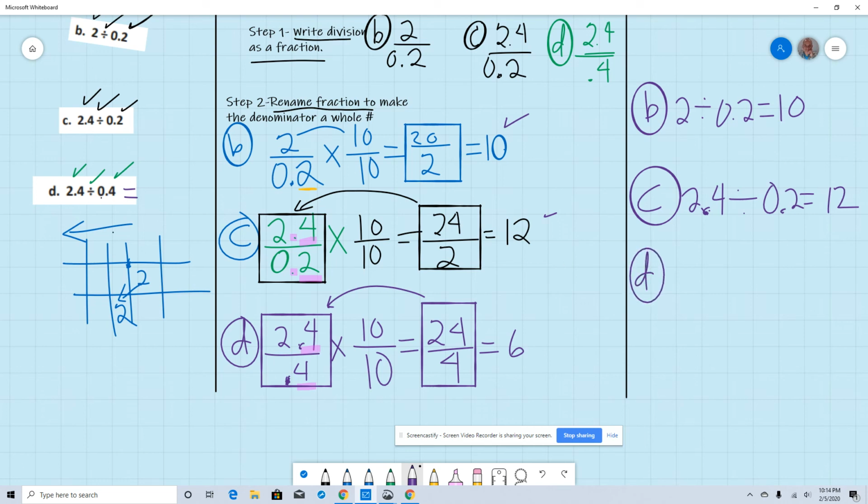And D is 2.4, the same number, divided by 4/10 equals 6. So there are 6 4/10 in 2.4. There are 12 2/10 in this number, and there are 10 2/10 in the number 2.